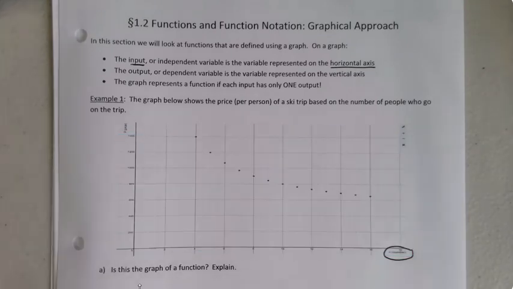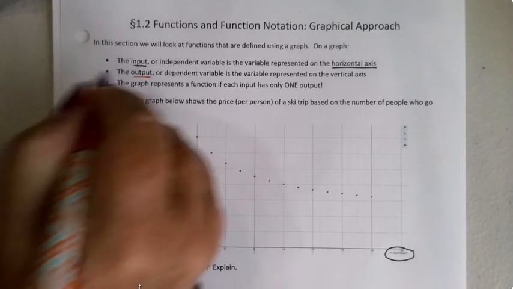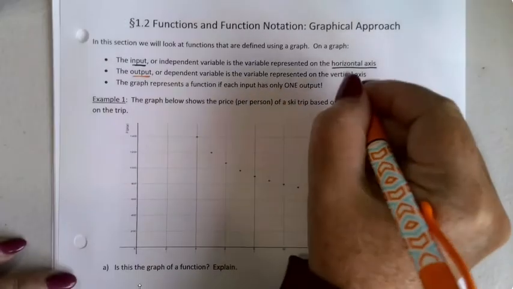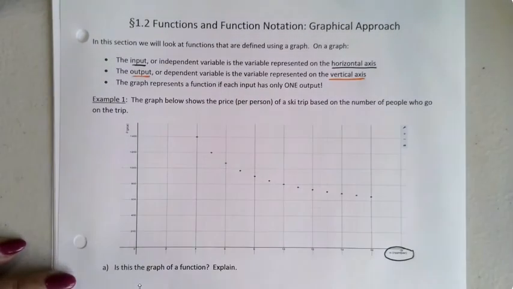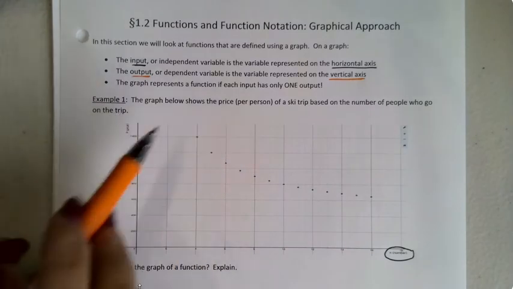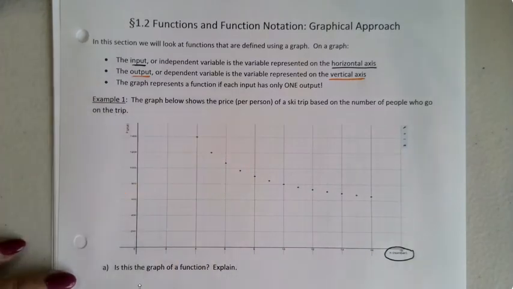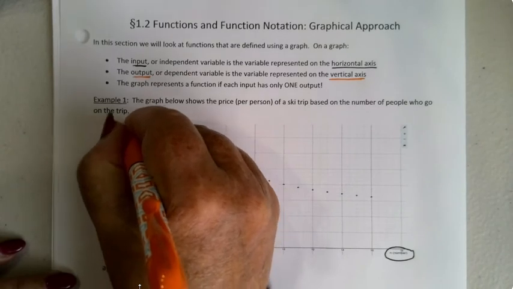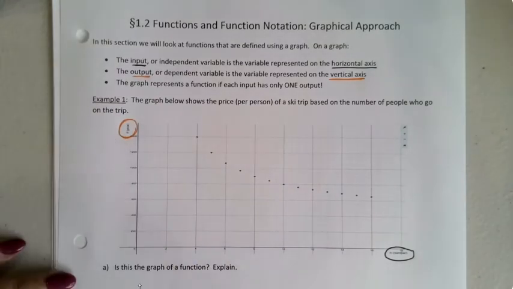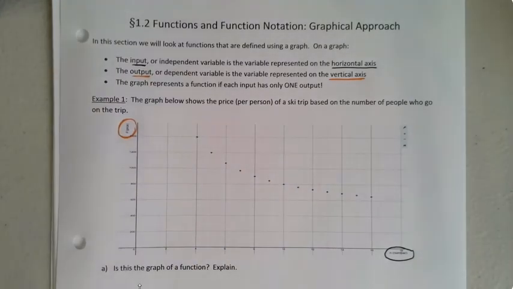The output, that is the dependent variable, is always going to be represented on our vertical axis. And in this example, again, showing the price per person of a ski trip, you can see the vertical axis is labeled with a P for price. You might have to squint a little bit. Sorry, that print got a little small.